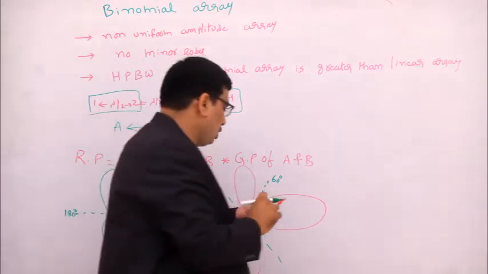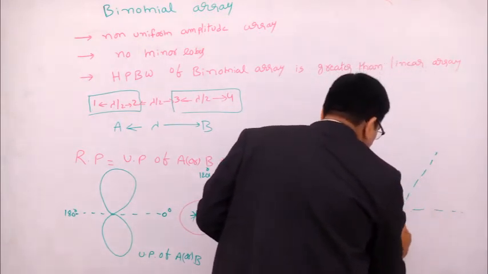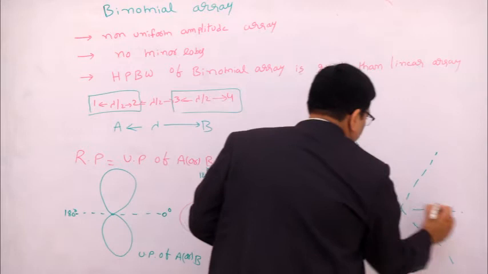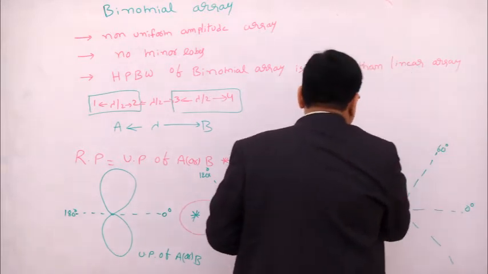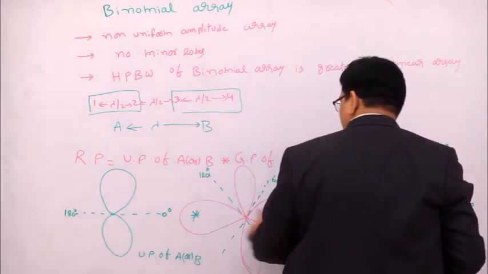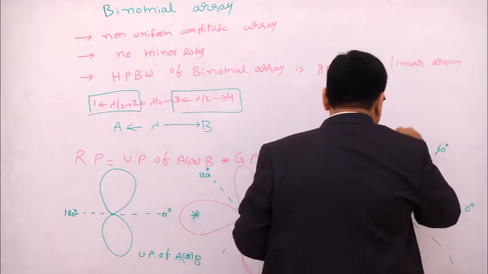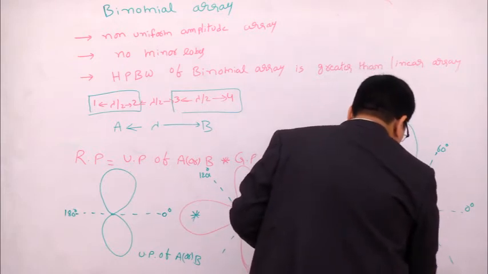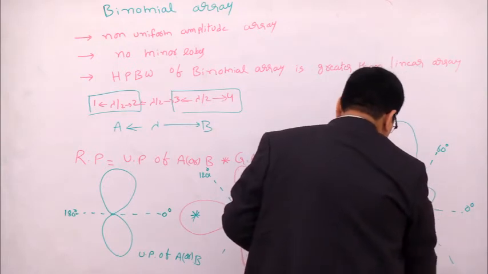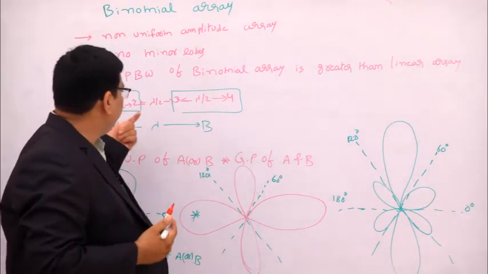For the resultant pattern, first you draw all the nulls: 0 and 180 degrees, 60 degrees and 120 degrees. If you multiply them, the product is also 0, and these two magnitudes are equal, so we multiply both, and this is the resultant pattern, and these are the minor lobes. Actually this is by using the pattern multiplication method.